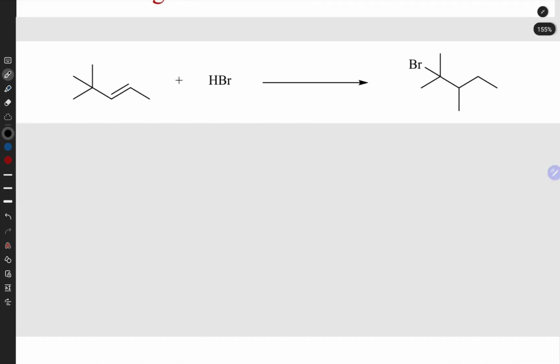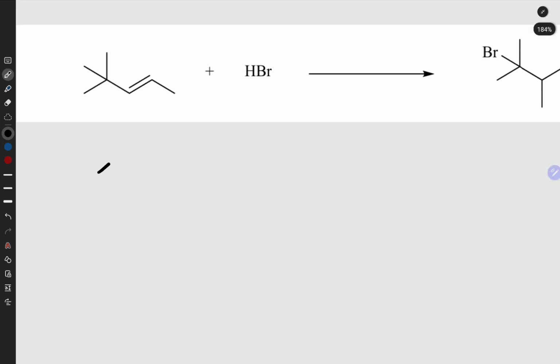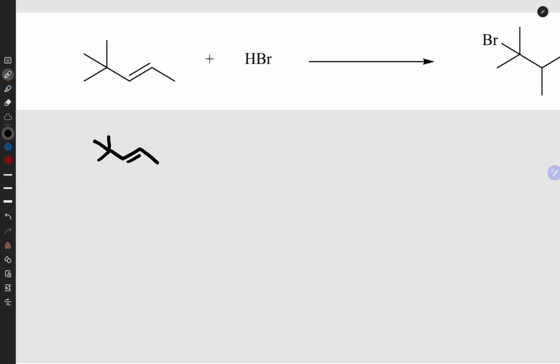All right, so looking at this, we are going to start with our, what is this, a 1, 2, 3, 4, 5, this pentane group with an alkene on it and 2 methyls. We will have hydrogen connected to bromine here, and I will draw their electrons.